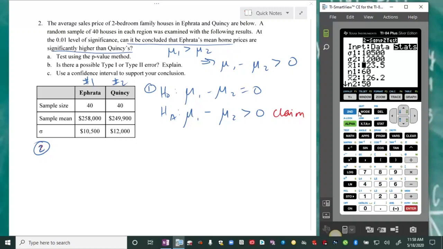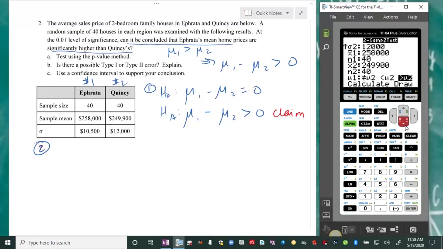X bar 1, that's going to be 258,000. That sample size is 40. Second mean is 249,900 with a sample size of also 40. For my alternative hypothesis, I want greater than.